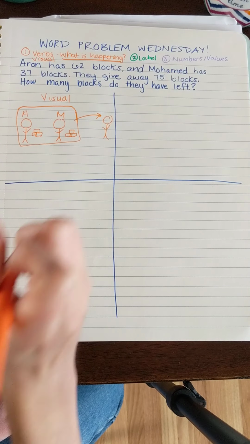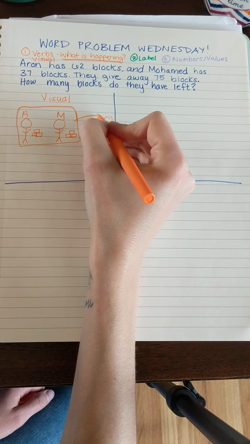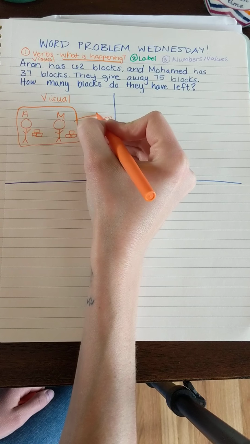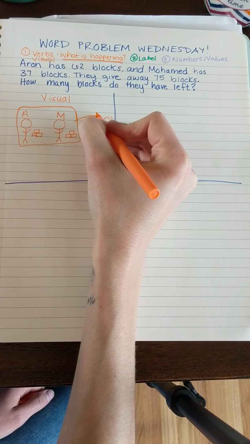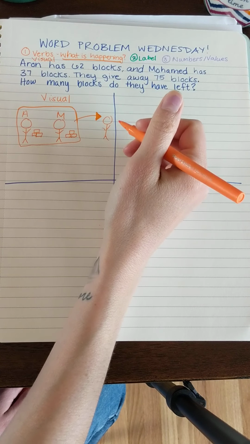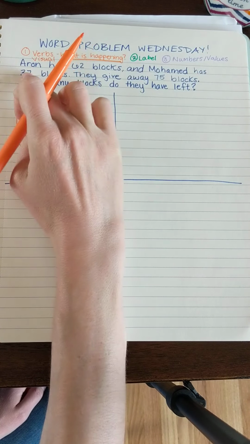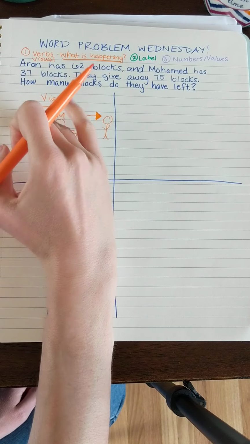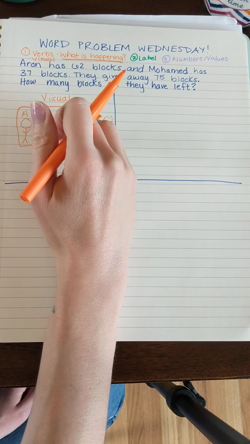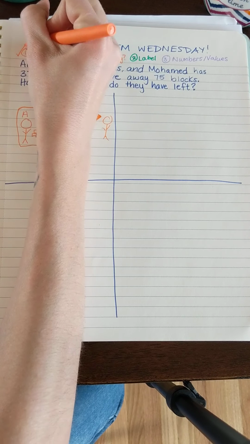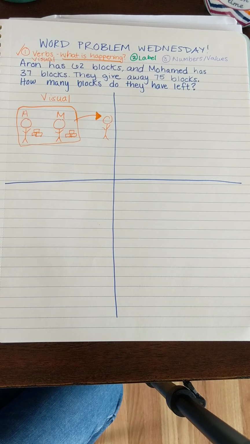Okay. I like to draw that arrow to show that the blocks are going away. That helps me think about how usually if we're giving away something or taking away something, that usually it's subtraction. And then I don't read the question yet because it's not going to help me with figuring out what's going on in the situation. I did step number 1 and moving on to step number 2.